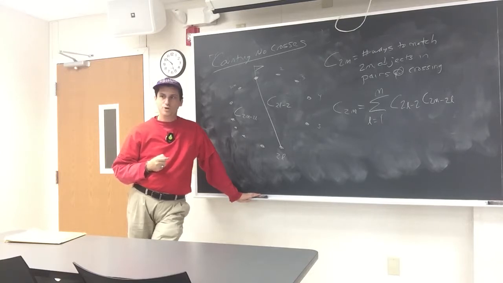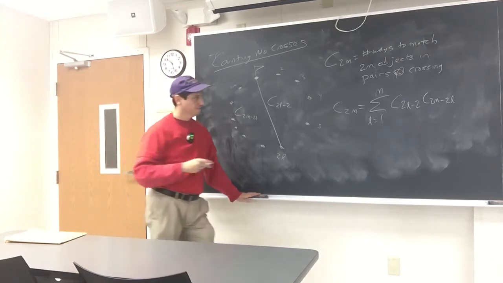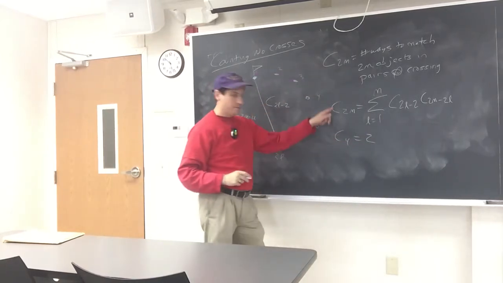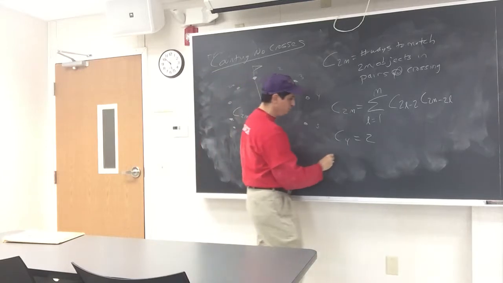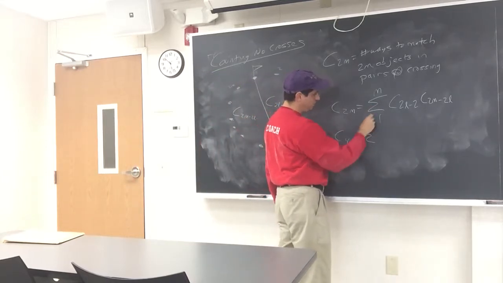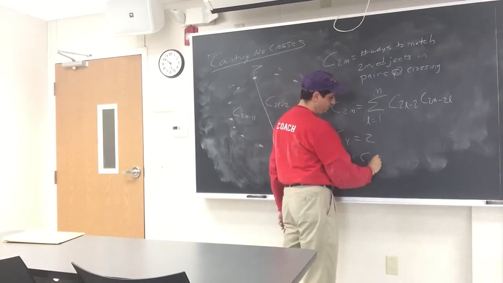Well, let's check. We know what C4 is, right? How many ways are there to match two objects in pairs without crossings? So C4 equals 2. So let's take m equals 2. If we take m equals 2, we get C4 equals, L goes from 1 to m.